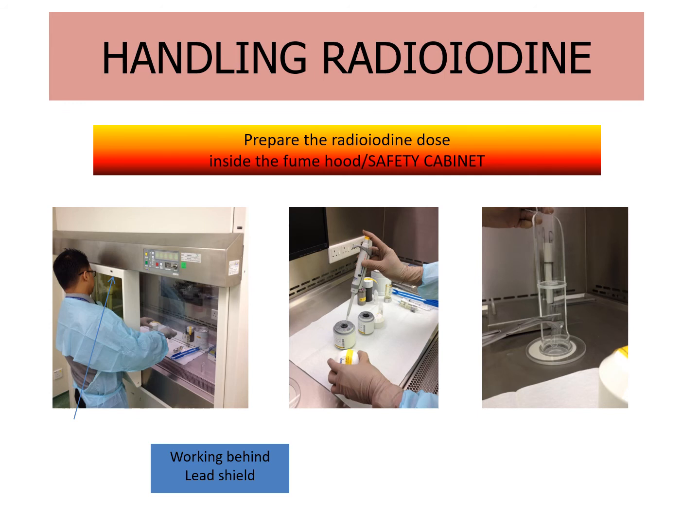So this is an example of how we prepare the radioiodine inside the fume hood or safety cabinet. We need to ensure that we're working behind the lead shield, and obviously we're wearing gloves, if possible a double layer.